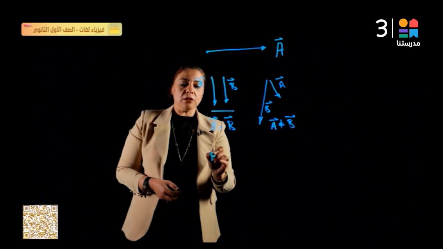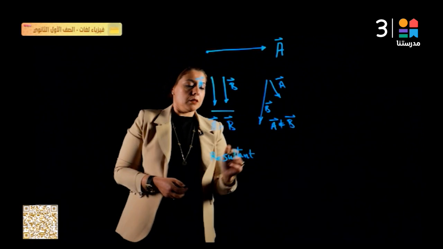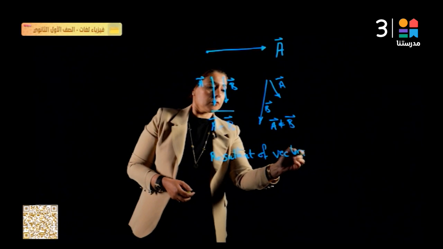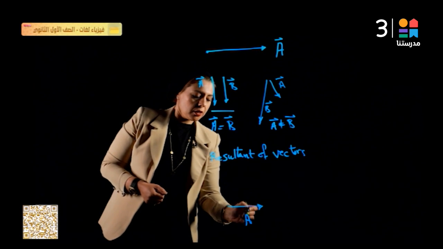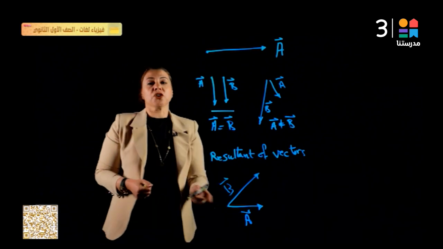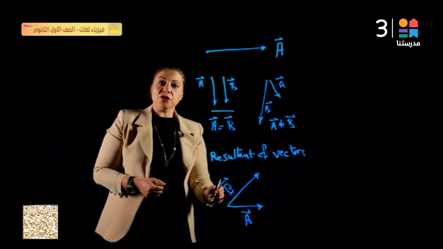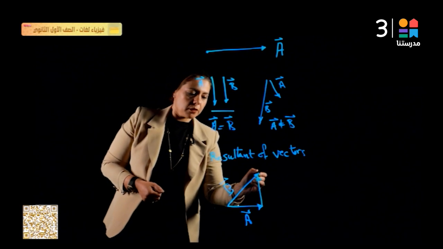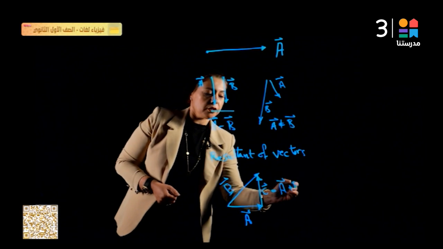We said the resultant of vectors: if we have, for example, two vectors, vector A and vector B, with the same starting point, the resultant vector is represented by a vector which starts from A and ends at B. If we call it vector C, it represents vector A plus vector B.